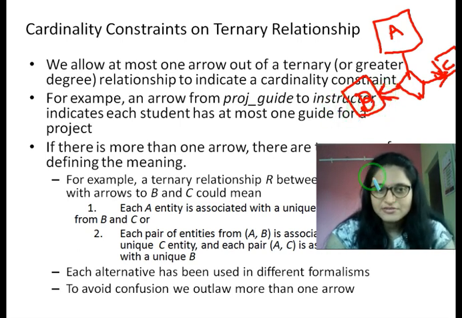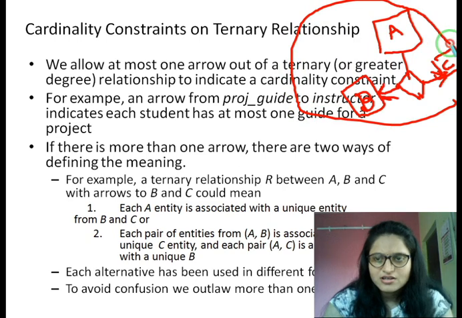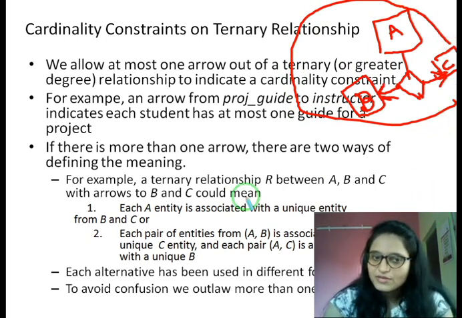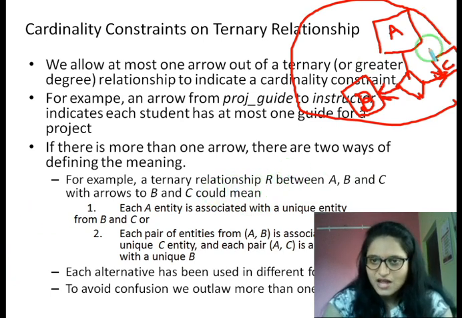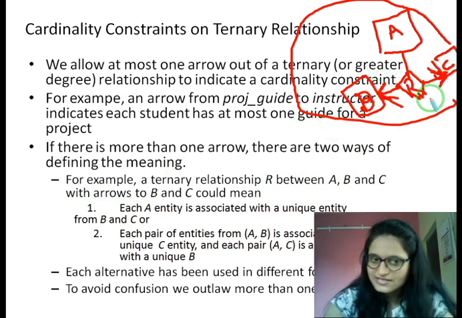Then multiple definitions come up with these diagrams, multiple conclusions are drawn from this single diagram. How many? See here. For example, in a ternary relationship R, this R between A, B and C with arrows to B and C, an arrow at the B side and the C side.